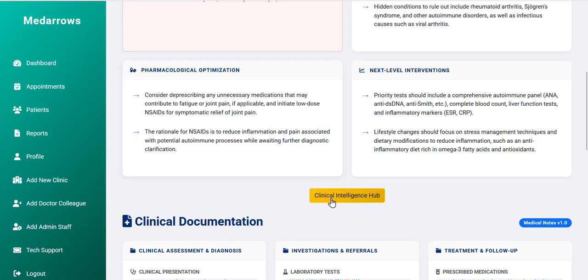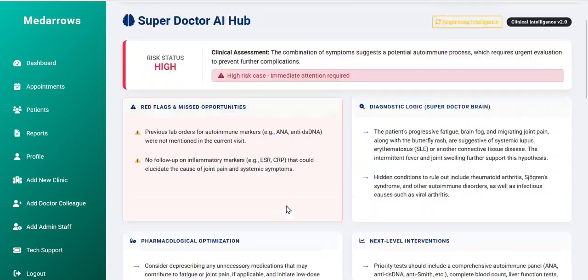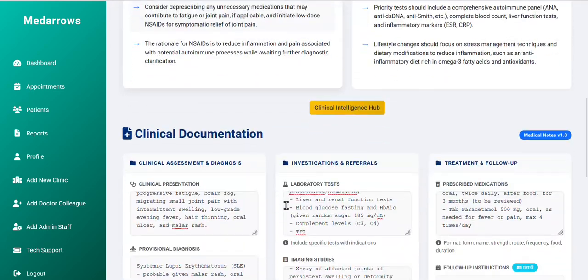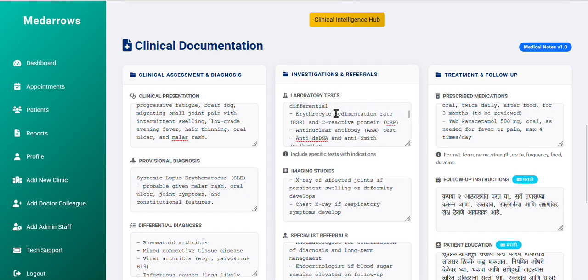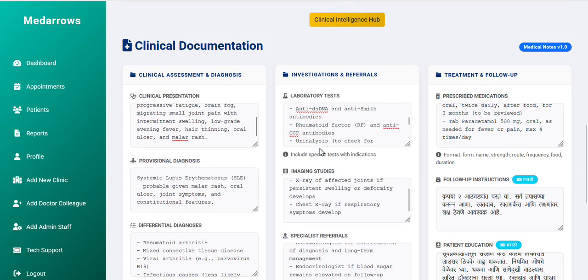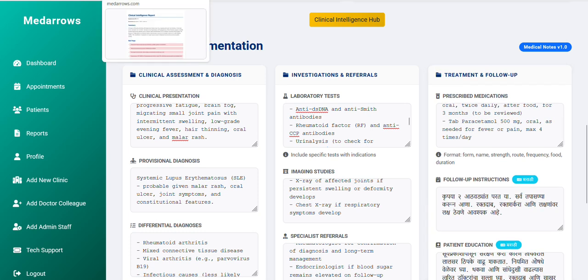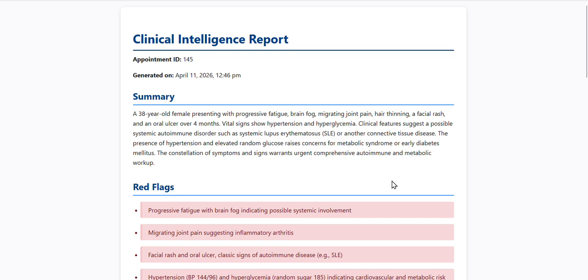So this is basically a deep dive into the patient profile. On subsequent visits, when you add these lab reports, this system is going to process all that information, adjust the medications, and give you more detailed analysis.